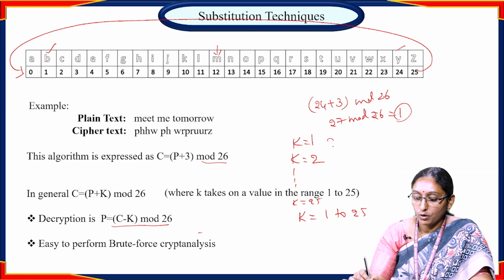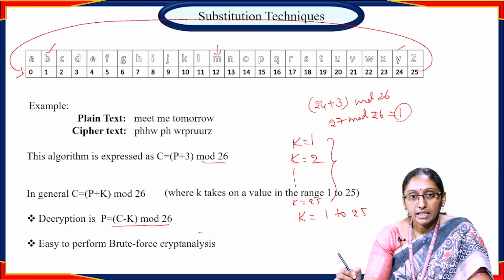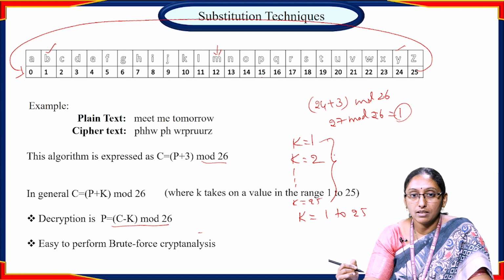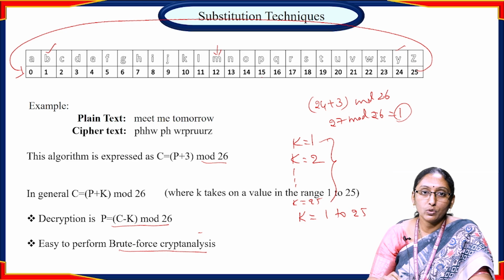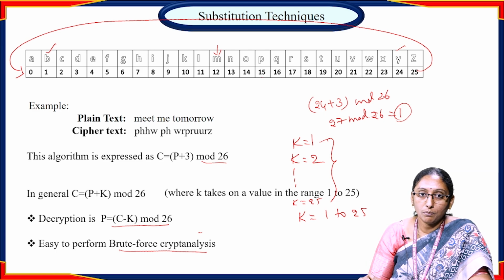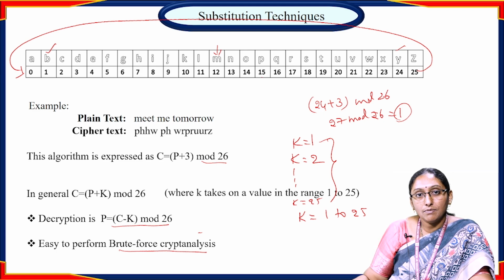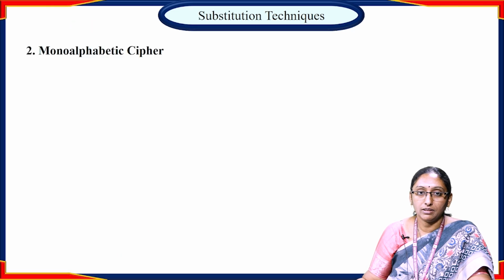So this process of trying for plain text without knowing the key, using every possible key, is called brute force cryptanalysis. It is very easy because only 25 possibilities are there for the key. So he will check 25 times, and at one point he will get the plain text. That's why, to improve the complexity, we are moving to the next method, that is the monoalphabetic cipher.